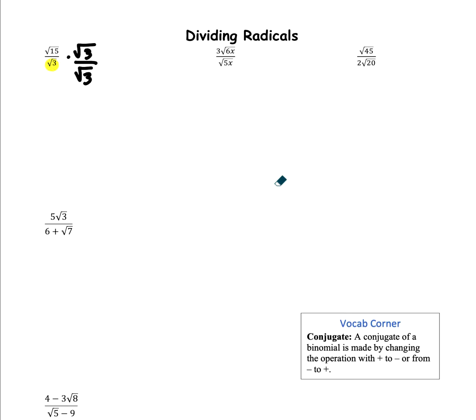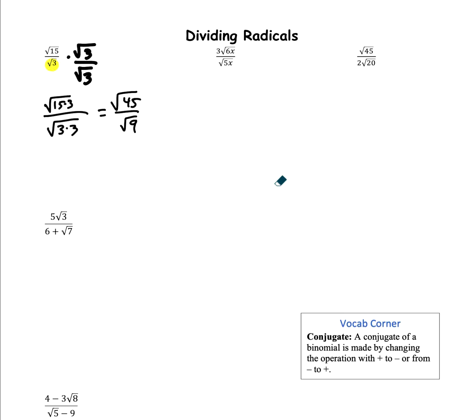So when we multiply by radical 3 over radical 3, we get radical 15 times 3 in the numerator over radical 3 times 3. Continue to simplify that. That would be radical 45 over radical 9. And now, if you notice, we have a rational denominator.